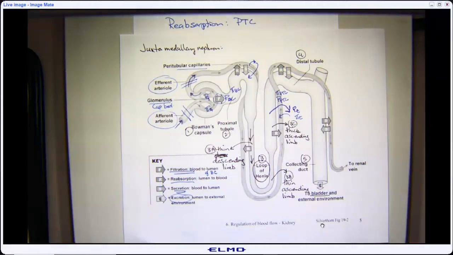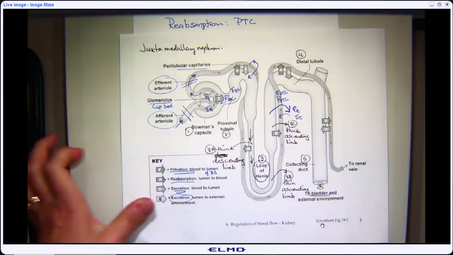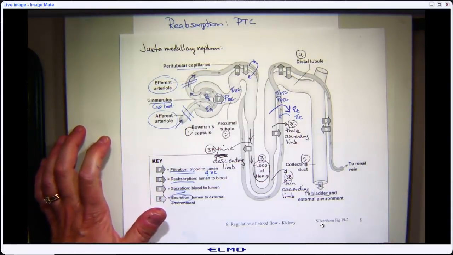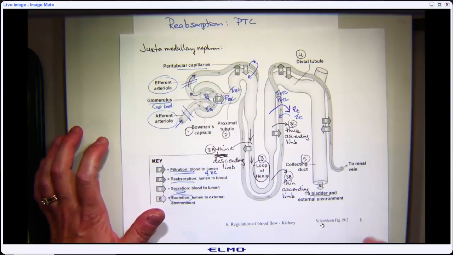So secretion is actually more of a membrane receptor dependent process than it is just a delta P, delta pi argument. But we'll get to that when we actually look at the nature of that tube. But it is another way to move something into the tube. So that's an important process for sure.